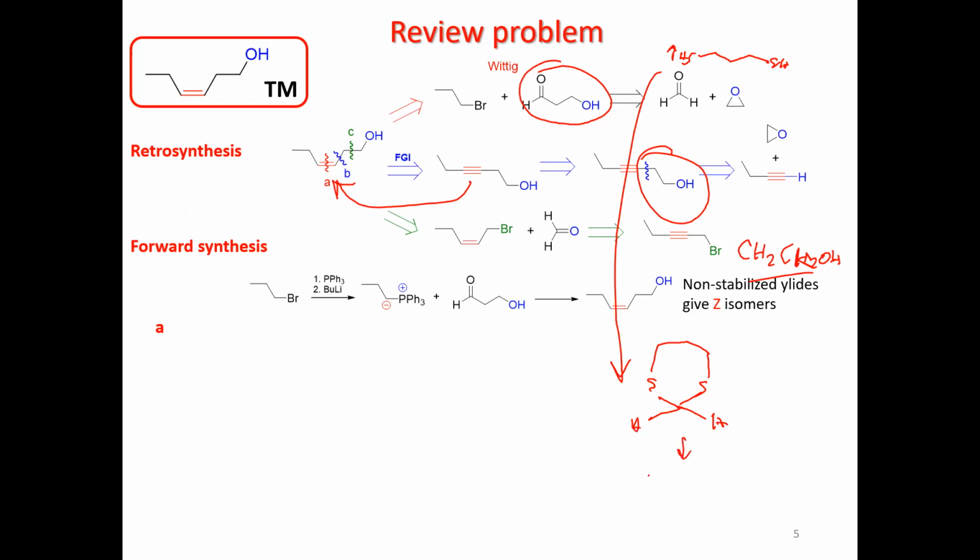You can use BuLi. It takes out one of these protons and creates a negative charge here. Okay, I'm not going to do it step by step. Once you use your BuLi, you take one of these protons, which are fairly acidic, very acidic, but BuLi is a strong base. So it's all relative.